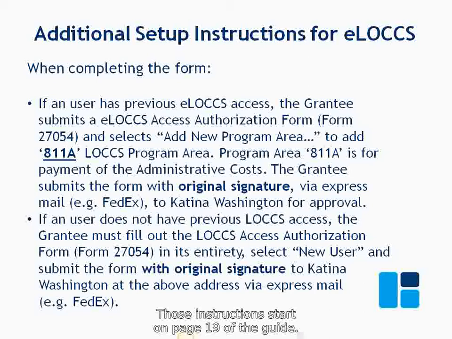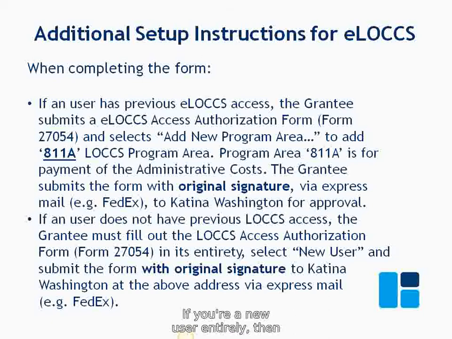There are some very particular ways that you have to notate on this form that this is for PRA 811 versus other program types. So when it asks for the new program area, you need to put in 811A. And again, the instructions do indicate that she would prefer that these get FedExed with original wet signature.